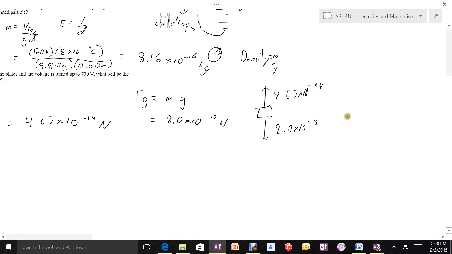So my net force here is obviously going in the upward direction, 4.67 exponent negative 14 minus 8 exponent negative 15, which is 3.87 times 10 to the negative 14. That's my net force. Now I have the mass of my oil drop, so I can use F net equals ma, Newton's second law.